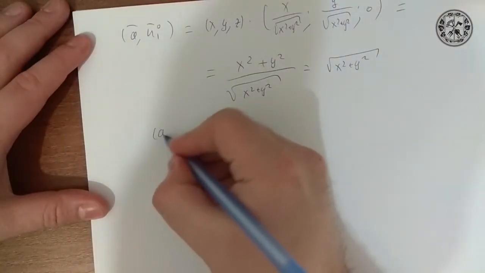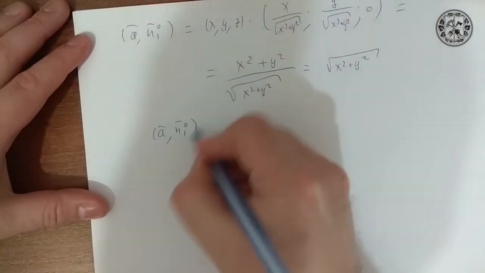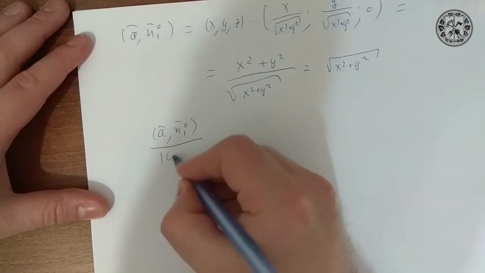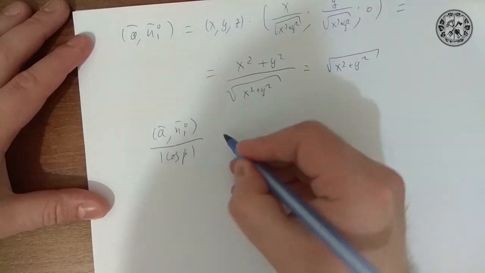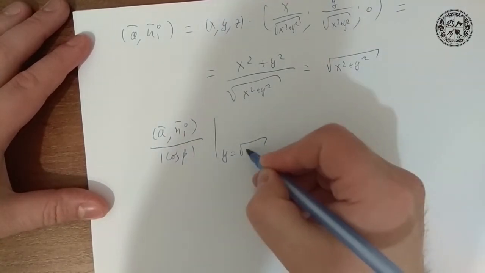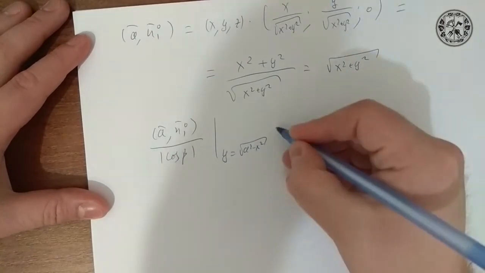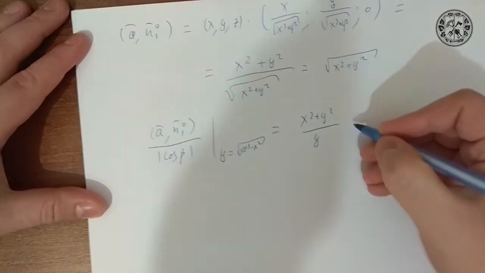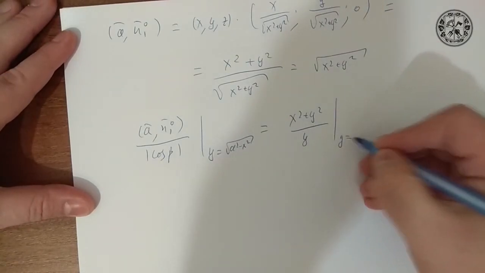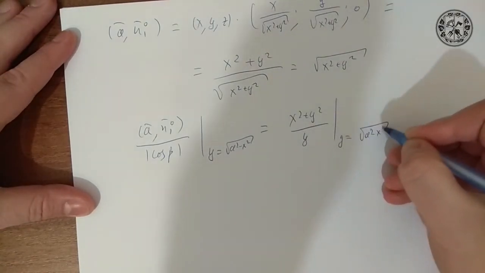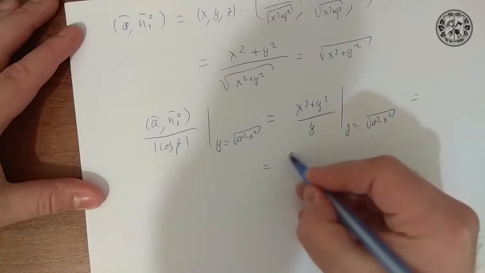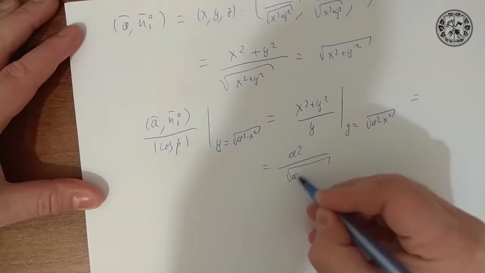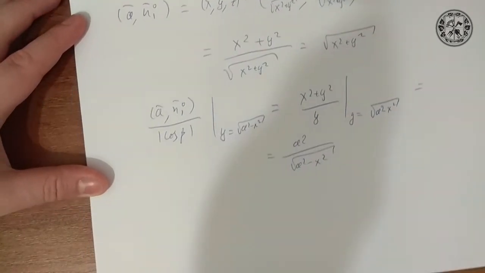And a n1 0 divided by the absolute value of cosine beta with y equals square root of a squared minus x squared will be x squared plus y squared over y, where we substitute a squared minus x squared and we get a squared over square root of a squared minus x squared.